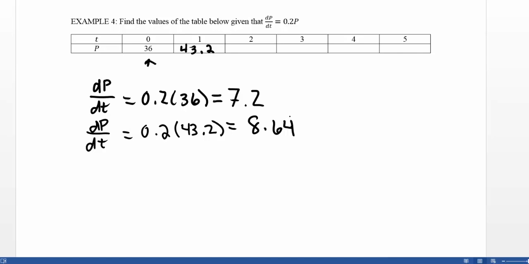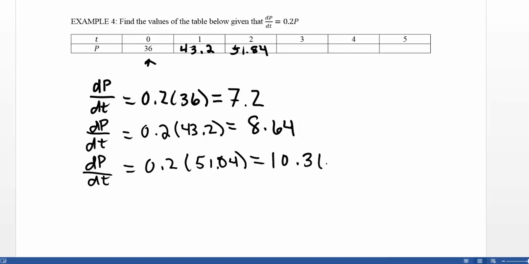So when I add that to 43.2, I'm going to get 51.84 as my value at 2. Again, if I want to move one more unit to the right to 3, I need to look at the rate of change at the current value. So 0.2 times 51.84. When I multiply those together, that's going to give me a change of 10.368. And again, since that's positive, I'm going to add that to my 51.84, giving me 62.208.